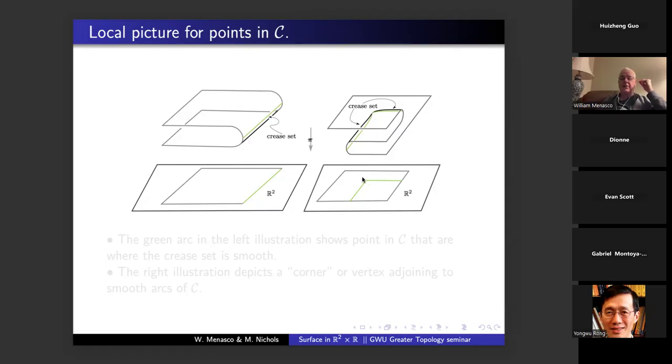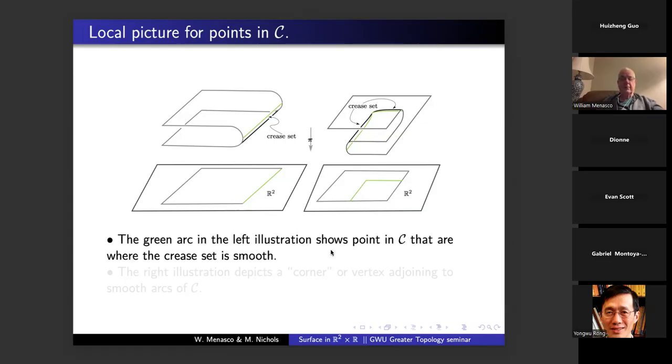So right here, if you look at the differential, its null set is zero, from linear algebra. The green arc on the left illustrates the crease set and it's smooth. The right indicates a corner or vertex adjoining two smooth arcs.